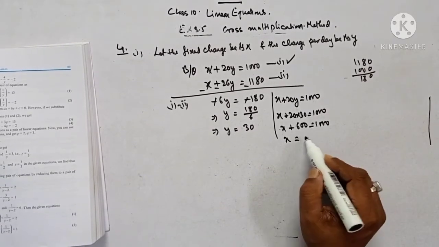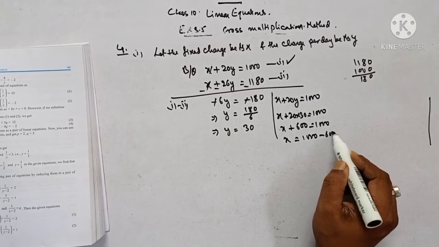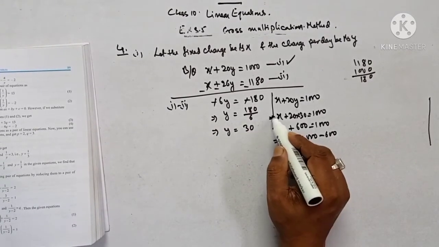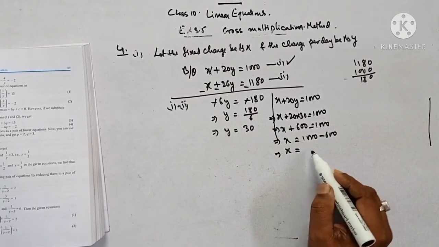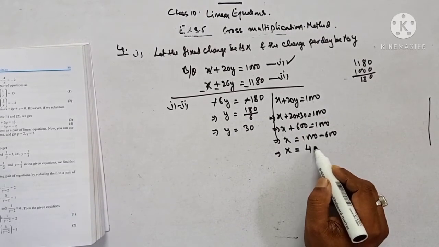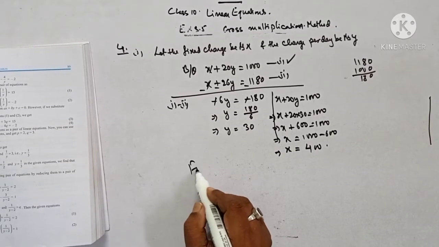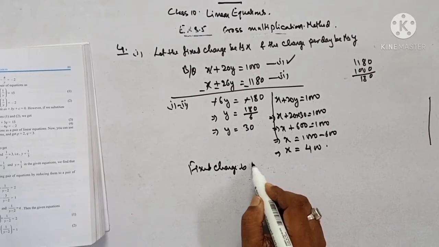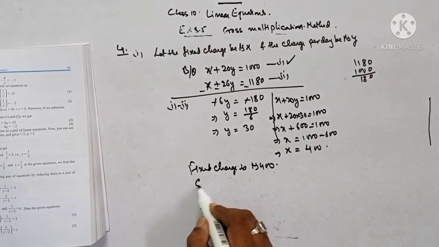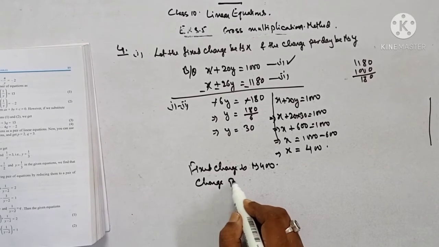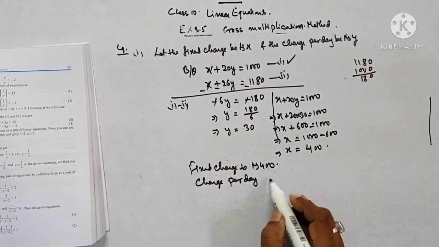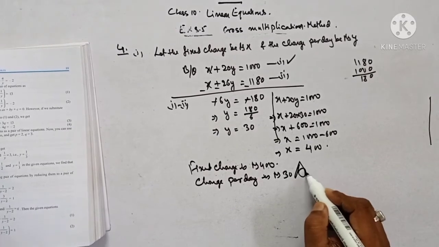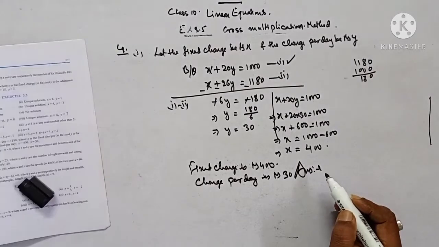So x will be equal to 1000 minus 600, so x will be equal to 400. So your fixed charge is rupees 400, and your charge per day is rupees 30. These two are your answers.